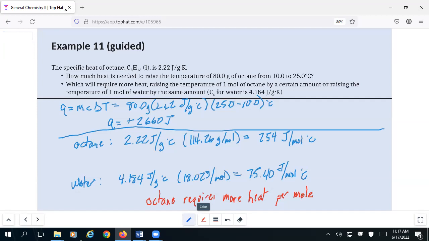So from this calculation, it's pretty obvious. The octane requires considerably more heat per mole than the water does. 254 compared to 75.4.